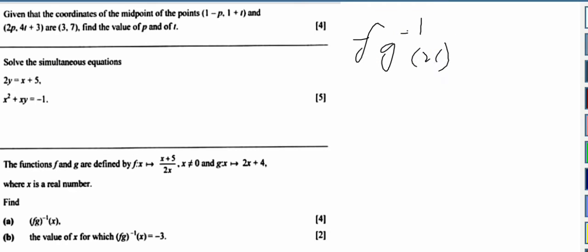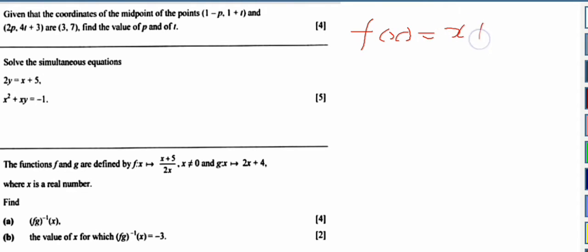Now to find fg inverse, we are just going to find the combination of f and g, and then at the end we find the inverse. So the first thing, I'm going to write the function f. f of x is given by (x plus 5) divided by 2x. Where I'm having x, I'm going to put the g function.